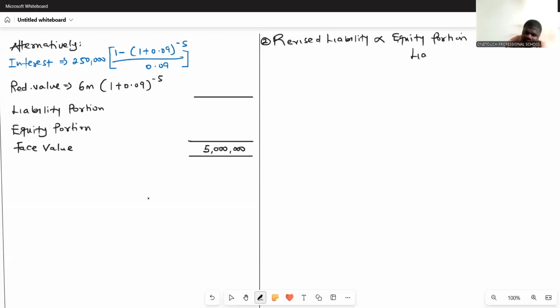So we have the liability portion. Then we have the equity portion. The first split gives us the balance brought forward.